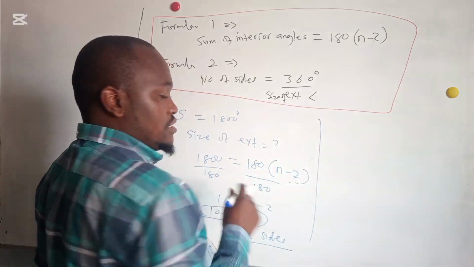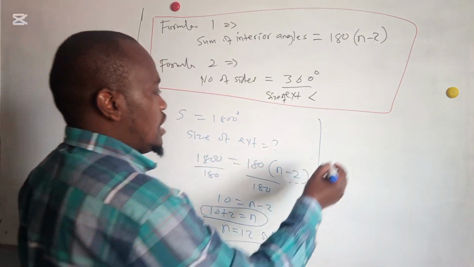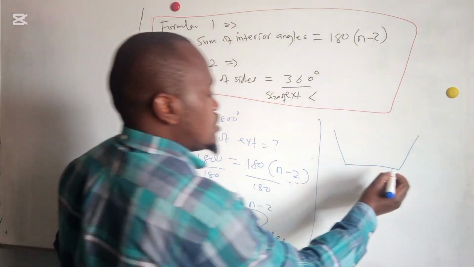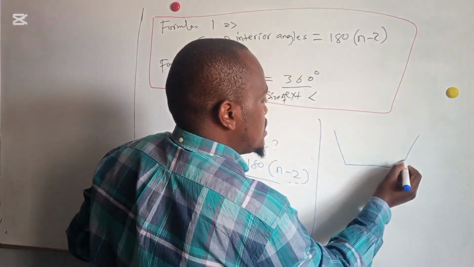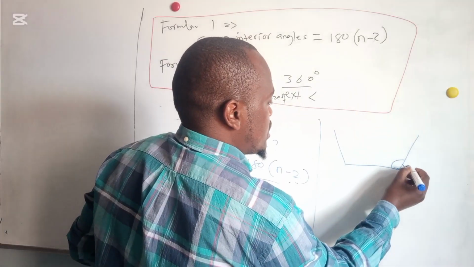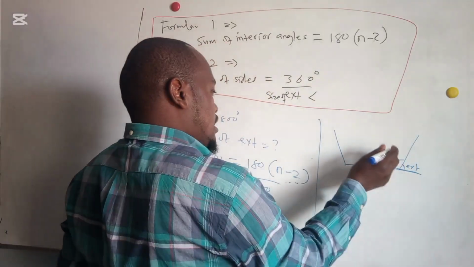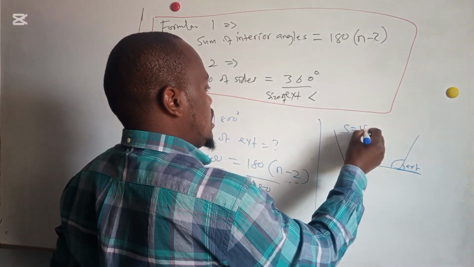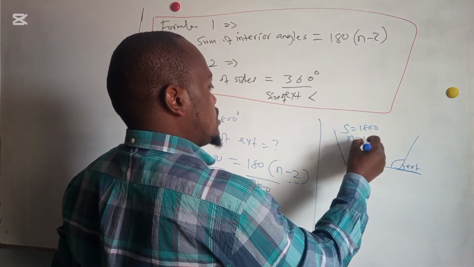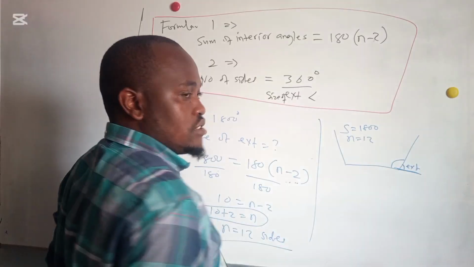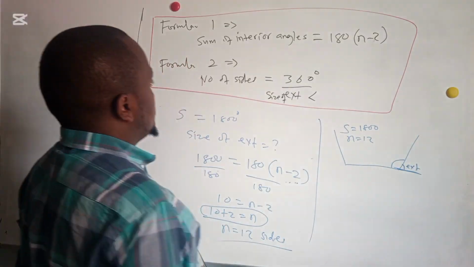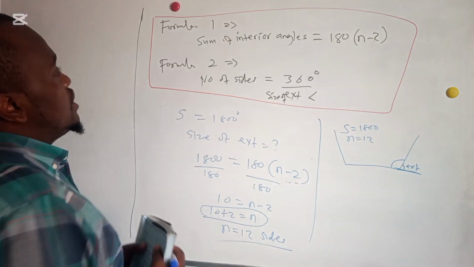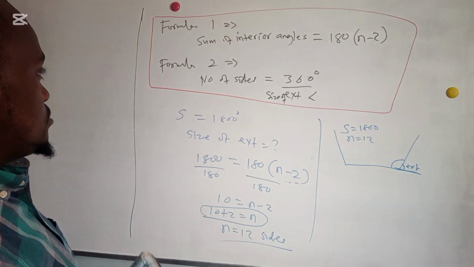Now you are asked for the size of the exterior angle. So if this polygon looks like this, assuming this is the interior angle, then you have the exterior. You can find the interior angle because you have the sum S, 1800, and n is 12. How do you get the size of one angle? Maybe you could have also written that as an additional formula.